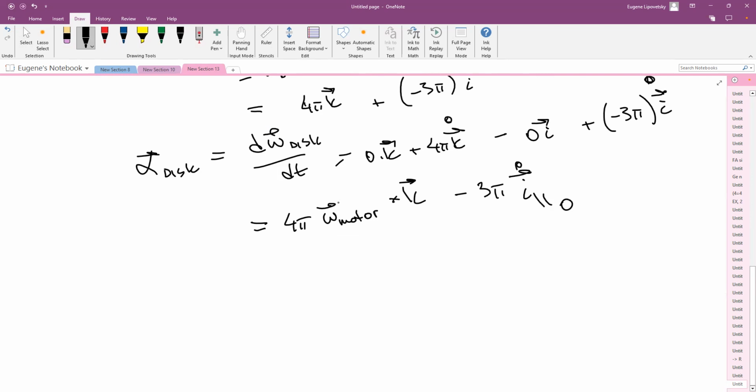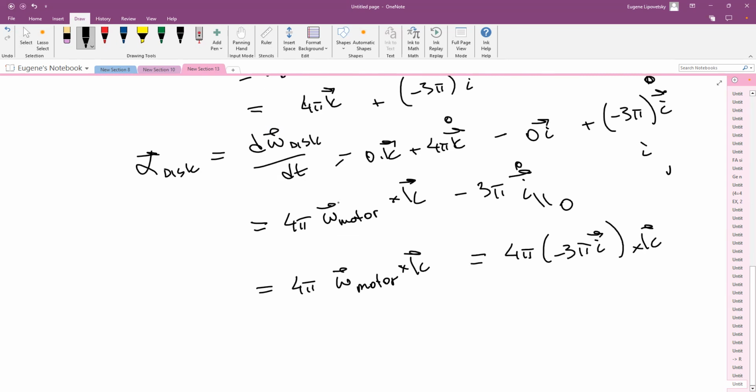You can see that axis is fixed. The result will be 4 pi times omega motor cross product with k. And that will be 4 pi times minus 3 pi I cross product with k.